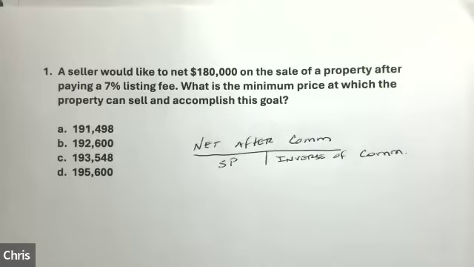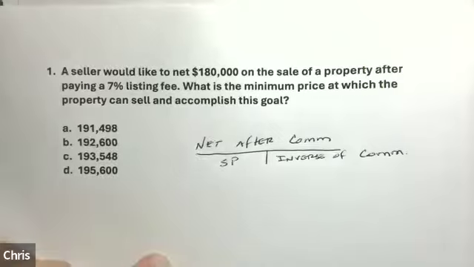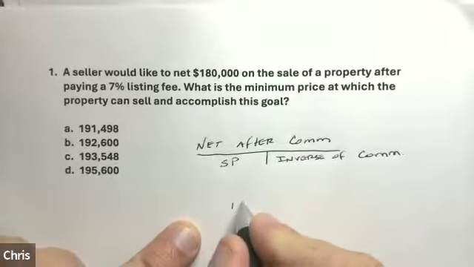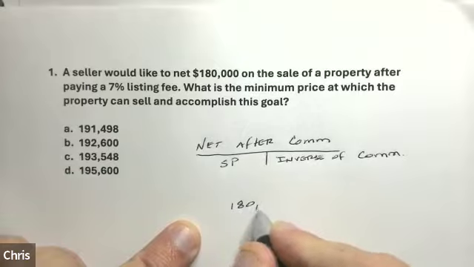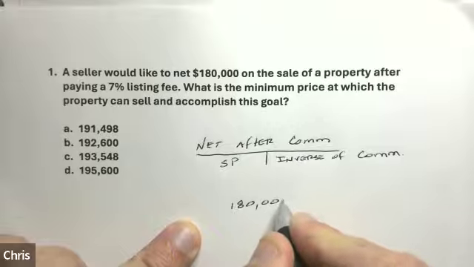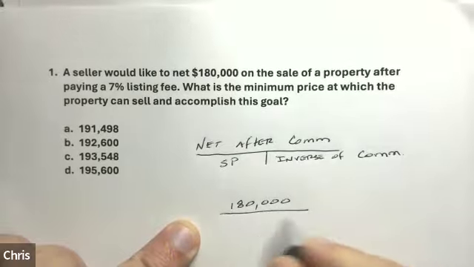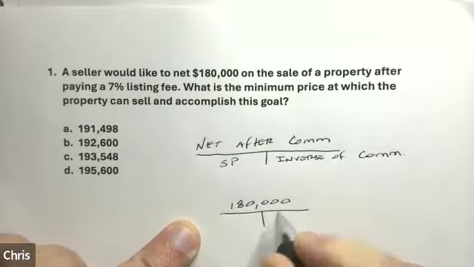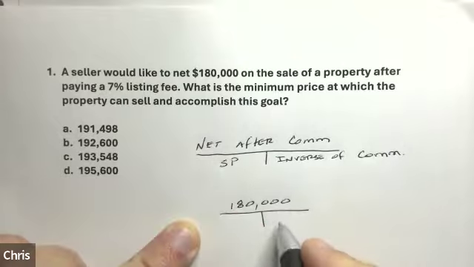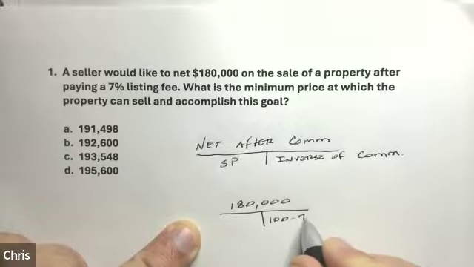Well, this is going to be the most simplistic version of this problem, because all we're going to do in this case is write the 180, because that's what he wants to net after paying the commission. And then remember, the inverse of the commission is just simply 100 minus 7%. So that's going to be 100 minus 7% is 93%, right?